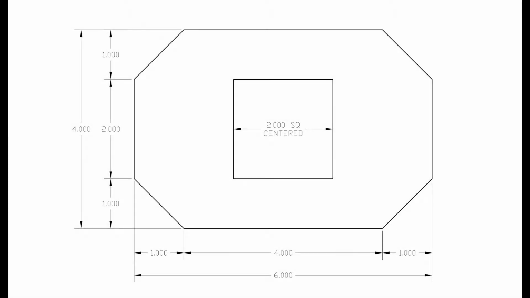I'm first going to look at my original object diagram, and I need to identify the overall height and width of the object. The overall height is 4 inches, and the overall width is 6 inches.